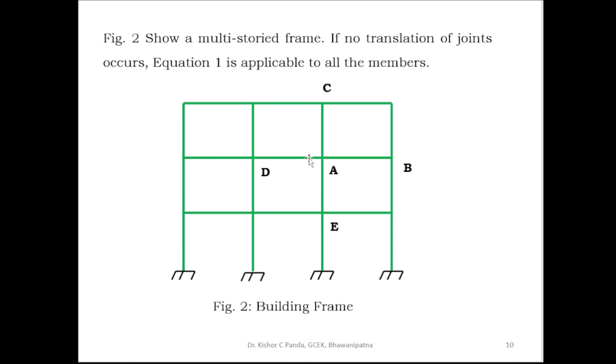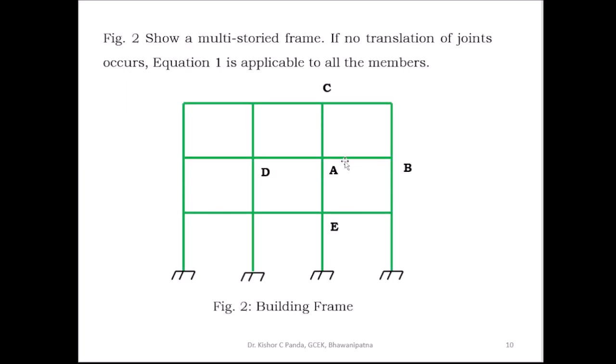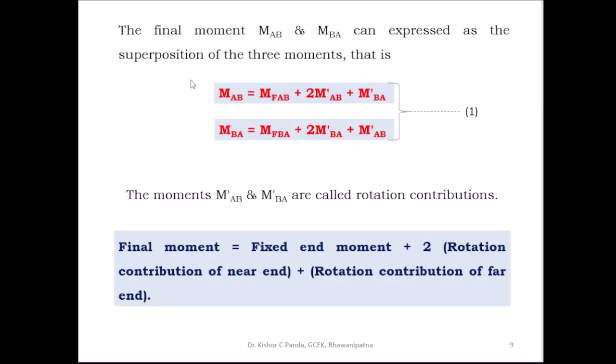Then MAD is equal to MFAD plus twice into M dash AD plus M dash DA. Similarly, MAE is equal to MFAE plus twice into M dash AE plus M dash EA. So this is equation 2. You can find out easily the moments MAB, MAC, MAD, MAE by using this expression.